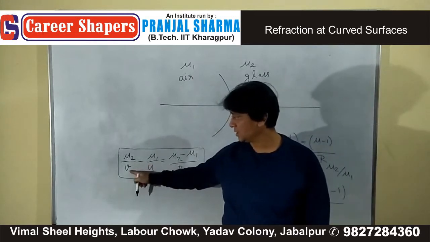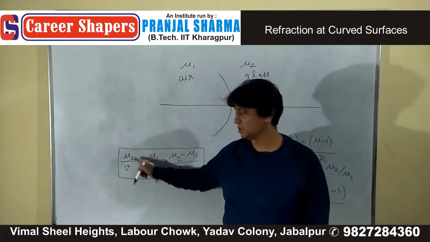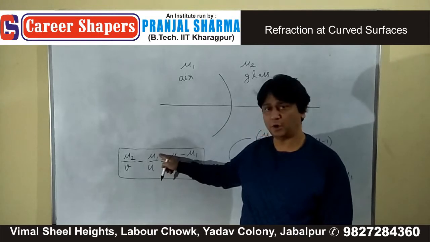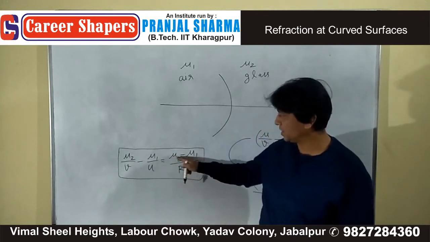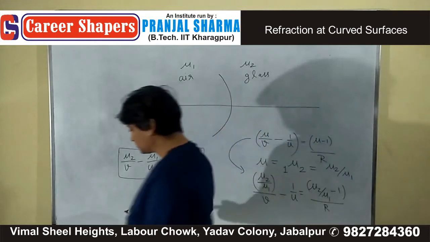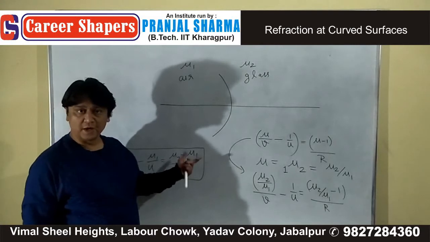With V, the image position, you get the medium of image; with U, the object position, you get the medium of object. And on this side, simply mu2 minus mu1 divided by R. This is something which we have already done.